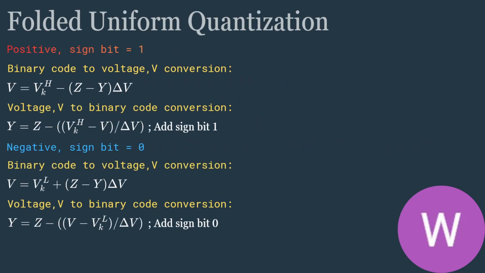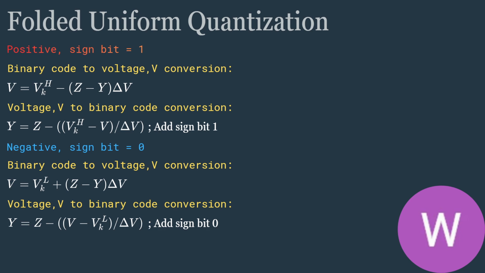So here are the formulas for folded uniform quantization. Let's say the significant bit now is 1, which means it's positive. And here there are two formulas, which is the same as before: binary convert to voltage and voltage convert to binary. So we see binary convert to voltage first. V equals VKH minus (Z minus Y) times delta V. And then voltage convert to binary is Y equals Z minus (VKH minus V) over delta V. This is for the positive, when the sign bit is equal to 1.